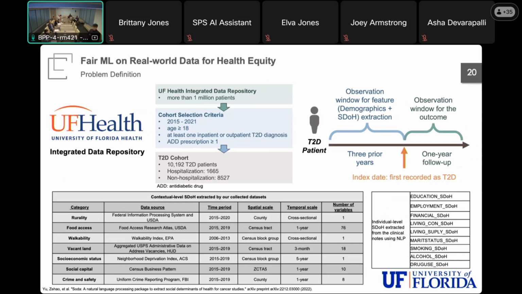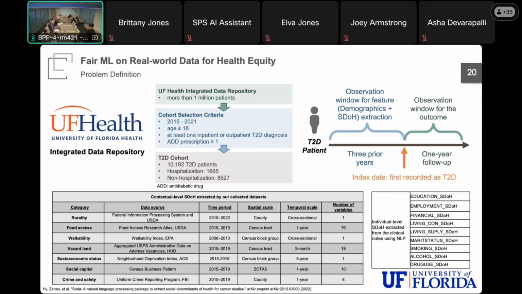In this study, we include 2 types of SDOH, social determinants of health, including the contextual level and the individual level. For the contextual level SDOH, such as food access, walkability, and privacy and safety information, we collect this information from public data resources as an external data set, and we link the patient records to these metrics according to the patient's residential address, the 9-digit zip code.